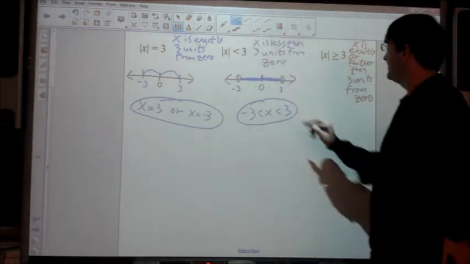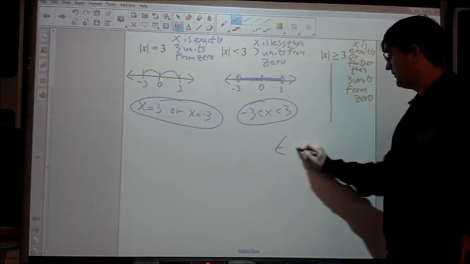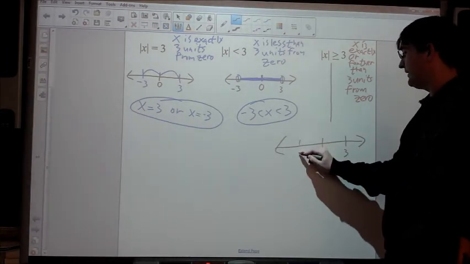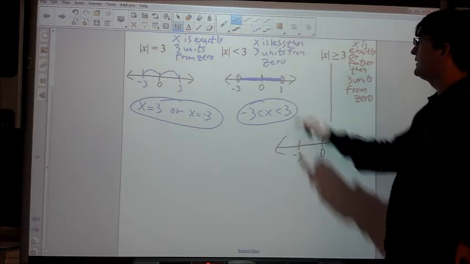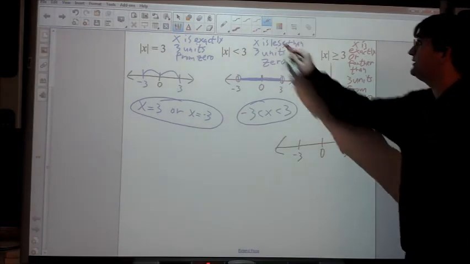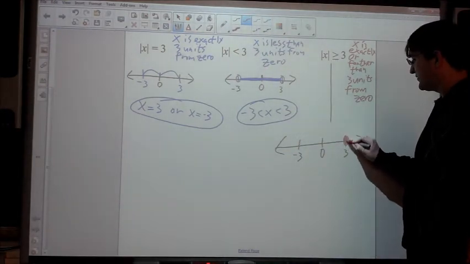So to make my number line then, I'm going to use the space down here. I have 0 in the middle, I have 3 over there, I have negative 3 over there. What I'm saying is that x is more than or exactly, so I'll do this in red, it could be at exactly 3, that's okay.